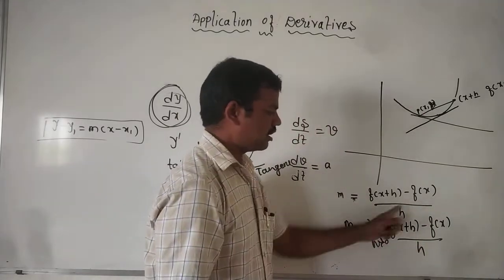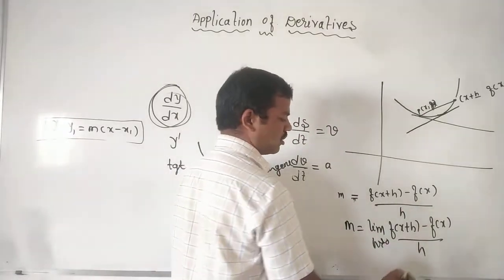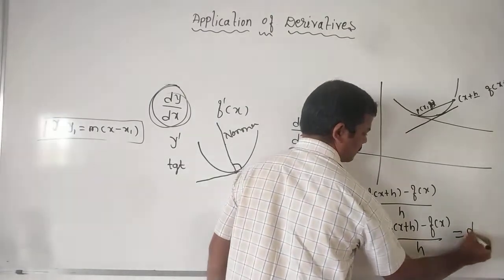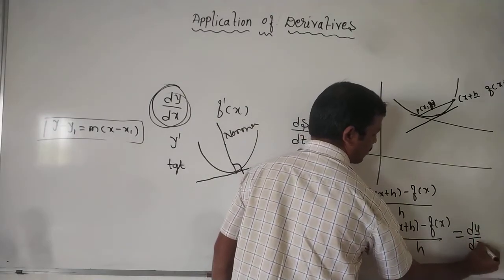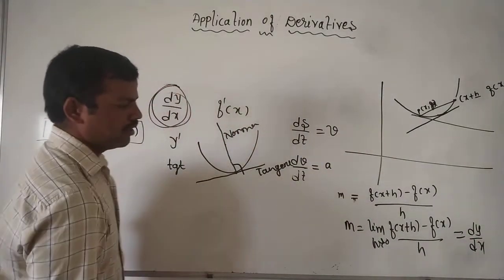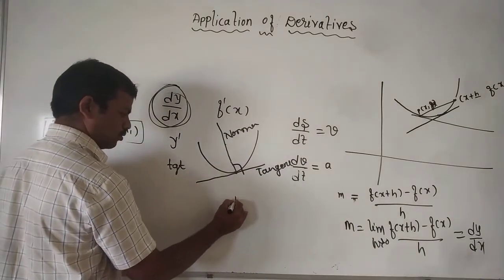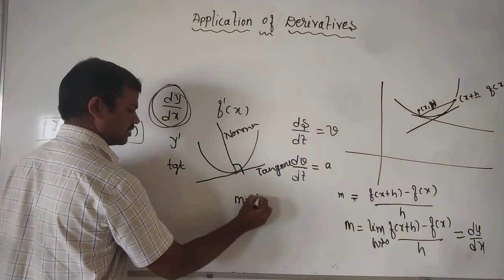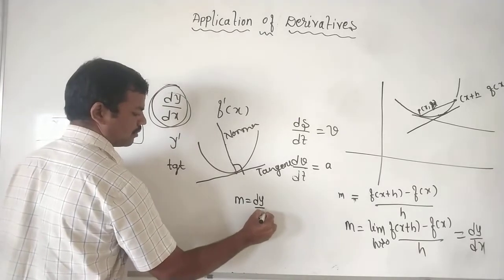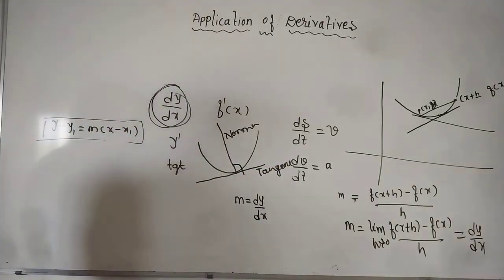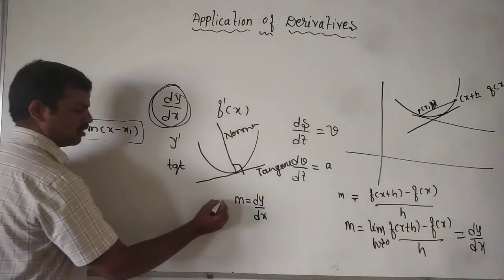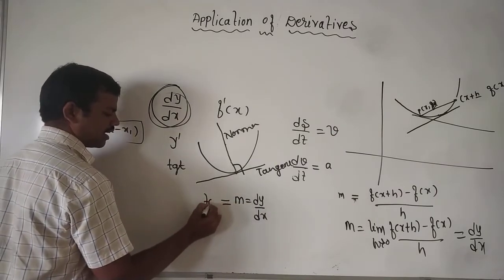It is nothing but the first derivative, which we call by the first principle, which is dy by dx. The slope of any tangent is nothing but dy by dx, which we also indicate by tan theta.